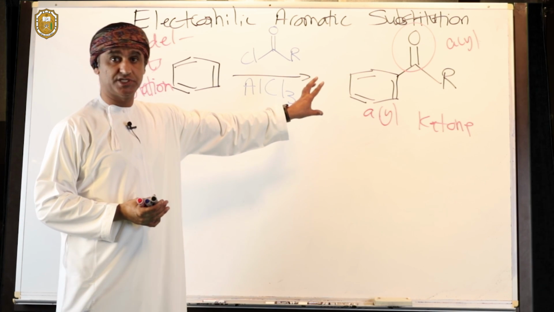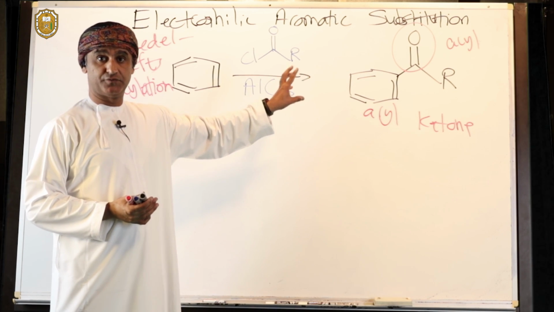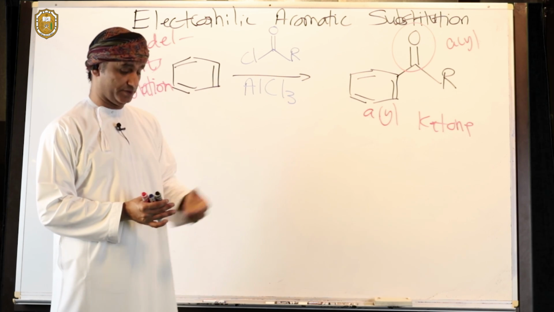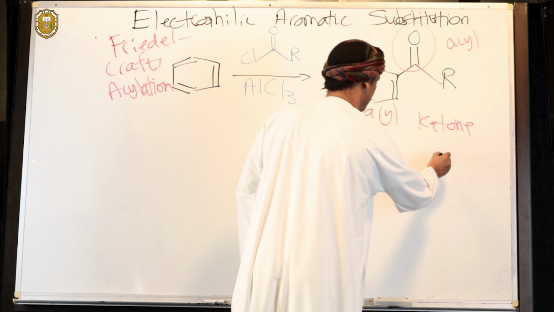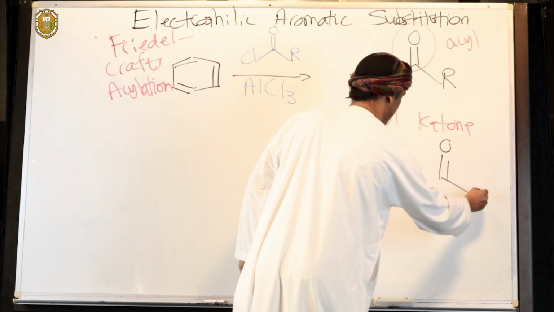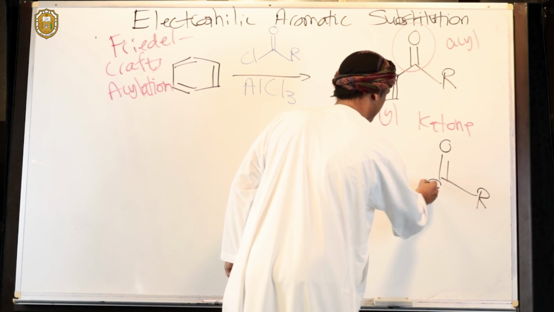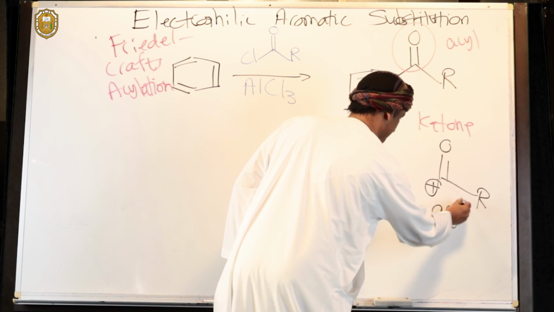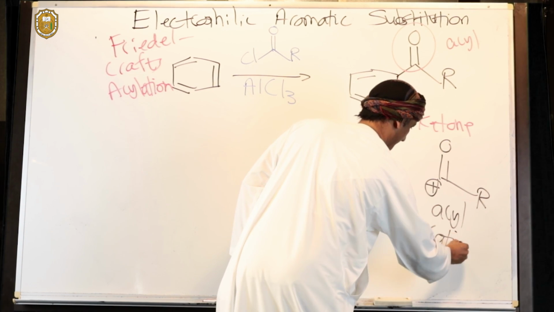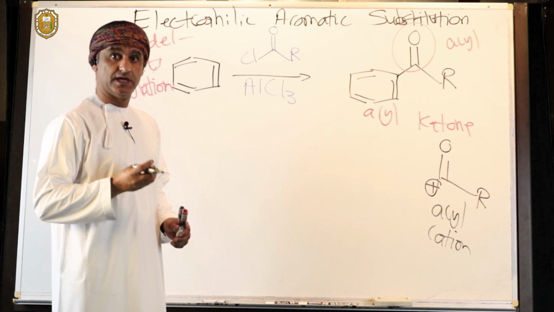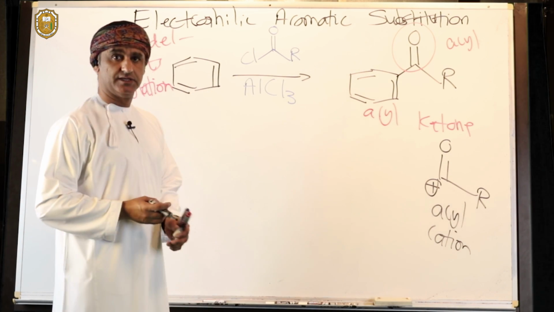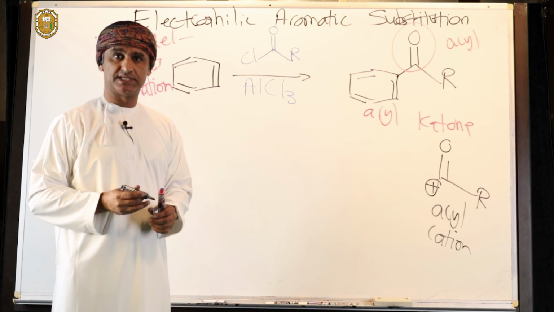Now, if you look at the structure again of the Friedel-Crafts acylation, this ketone structure, probably you can identify the electrophile that's needed, which is this acyl cation. So this acyl cation is actually essential in this reaction. It should form upon reaction of this acid chloride with the Lewis acid catalyst.